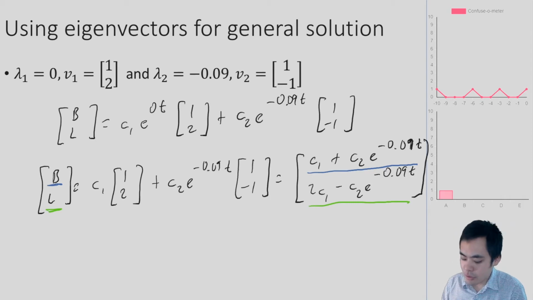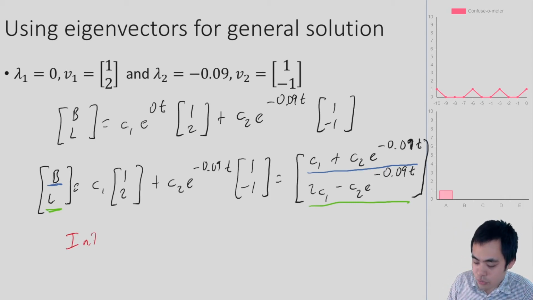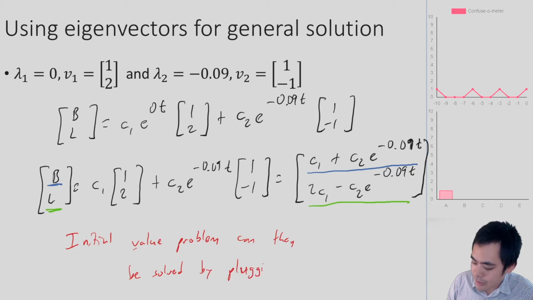And of course, the initial value problem can then be solved by plugging in. That's going to be no different because we got to the exact same point for the general solution.